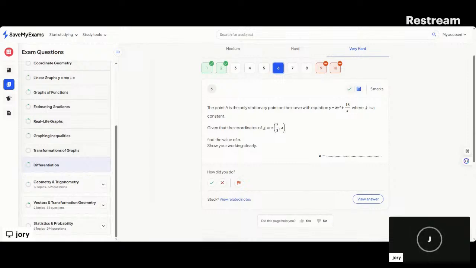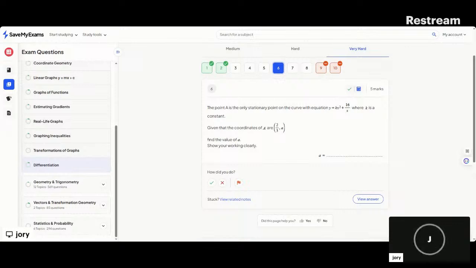Multiply by x squared, I think. So it's going to be 2kx cubed minus 16 equals 0.